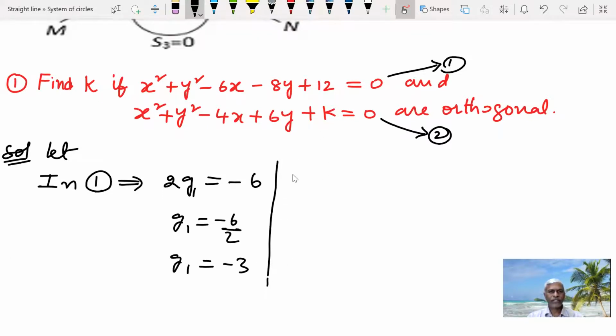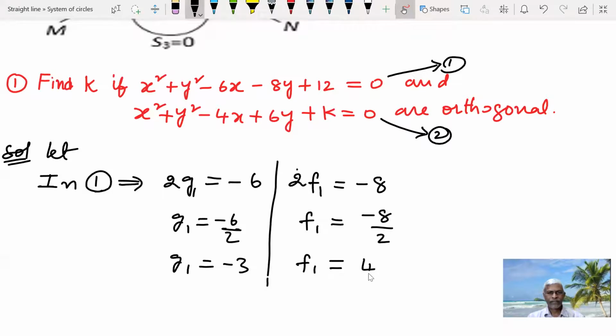Y coefficient 2f1 is minus 8, f1 is equal to minus 4, and c1, the constant, is 12.